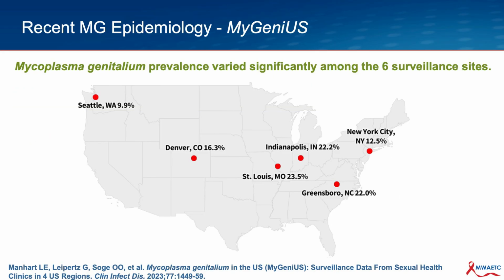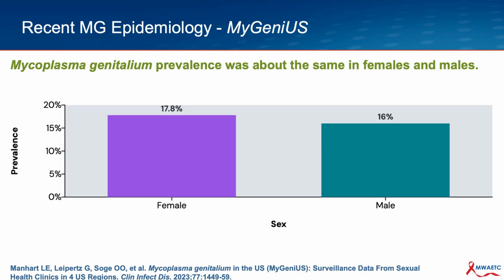These are the sites across the United States, so it includes one here in Washington. And the prevalence was shown to be about the same between people with a cervix and people with a penis. So really similar prevalence, as opposed to some of the older studies that had shown a higher prevalence in women.